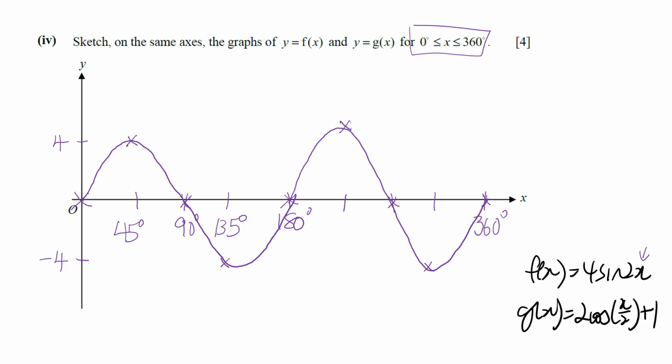The difference for one quadrant is 45. So 180 plus 45 gives you 225, plus another 45, 270, plus another 45, 315. Okay, so that is the sine curve. Because there are two curves here, it's good to label it. So that is y equals f(x).